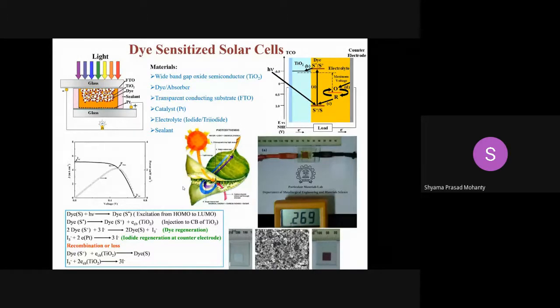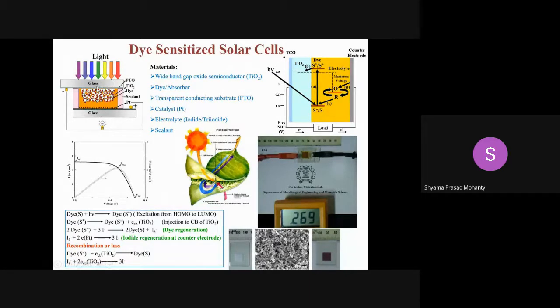So in the case of dye-sensitized solar cells, what happens? This is different from silicon-based solar cells. This is one electrochemical cell. You have two electrodes. One serves as the photoanode, and the other is your counter electrode.